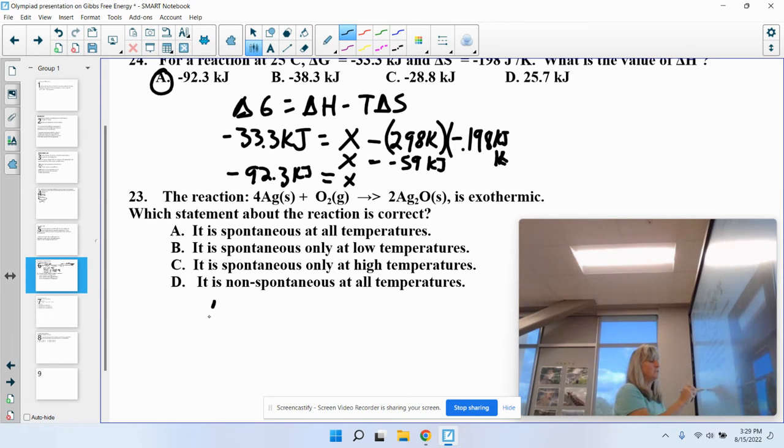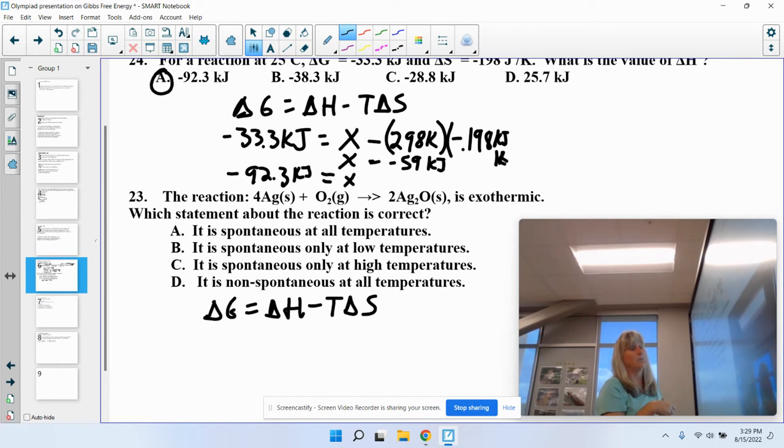So once again, using the delta G equals delta H minus T delta S equation, plugging in what we know, we can figure out what the temperature would need to be in order to tell whether or not it's going to be spontaneous. So we need to look at the signs.